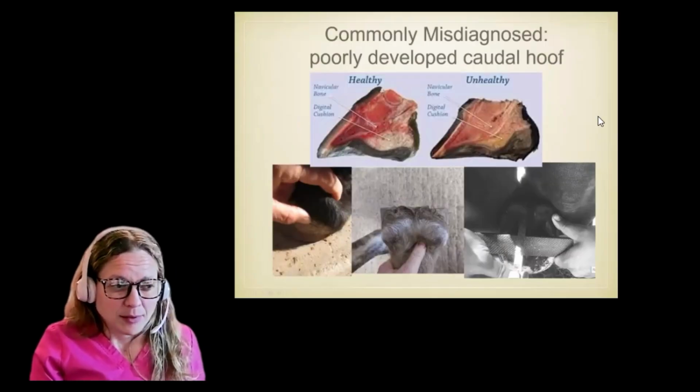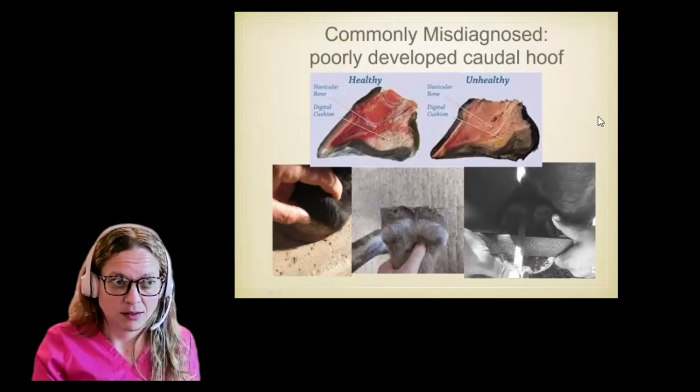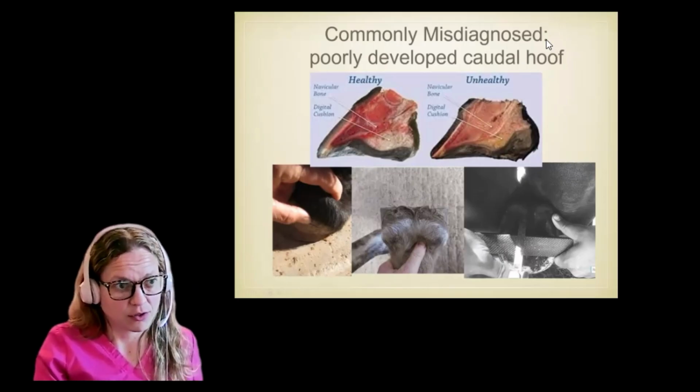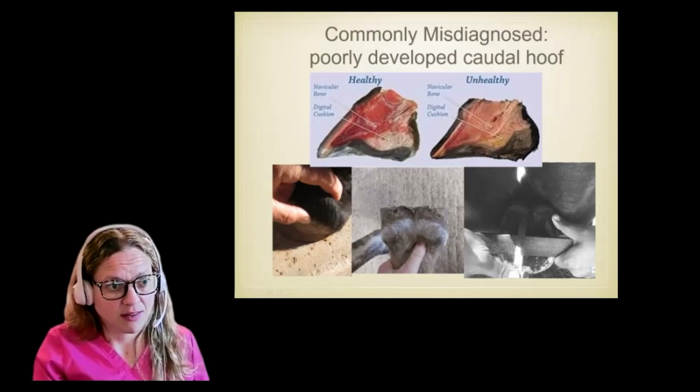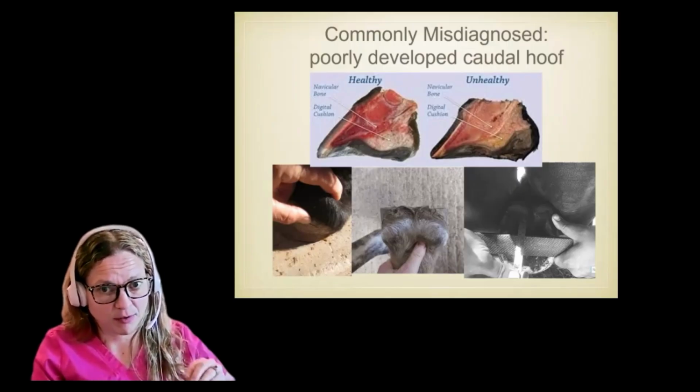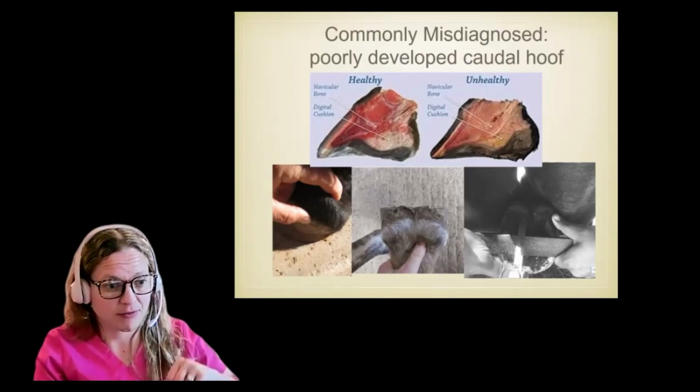This one is a little bit more complicated. We could talk about this in a different video too if anybody's interested, but it's just having an underdeveloped digital cushion that's supposed to bear the weight on the back half of the hoof.